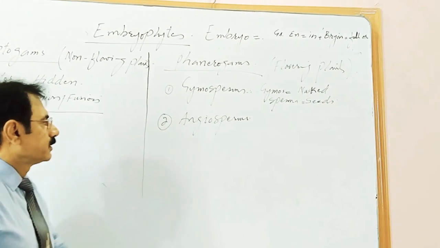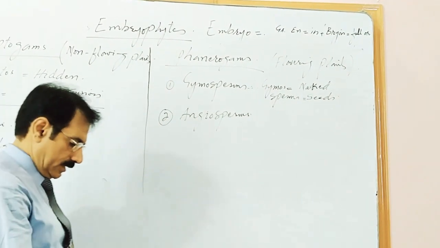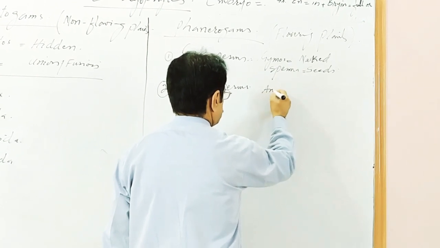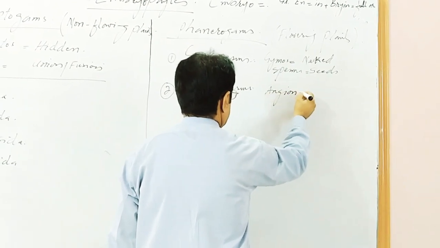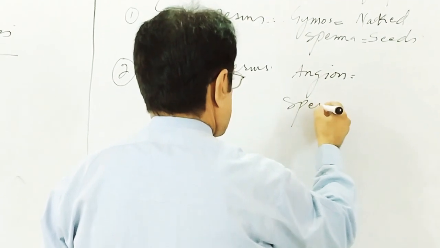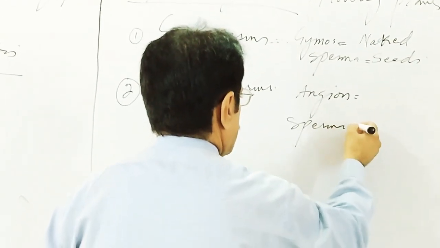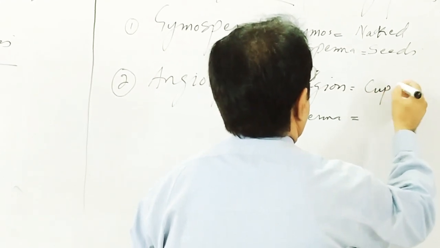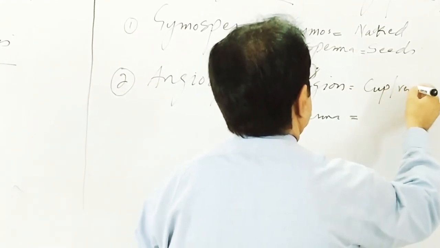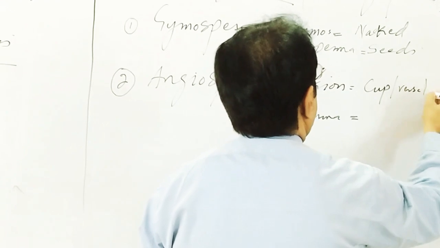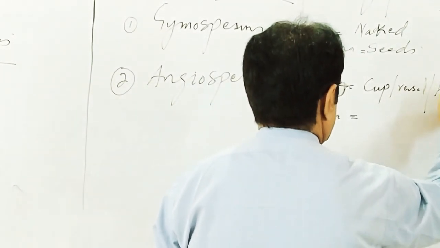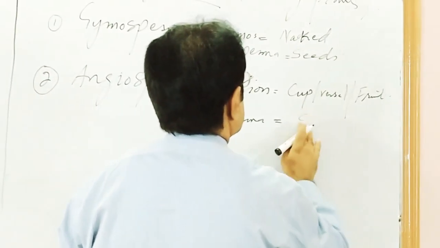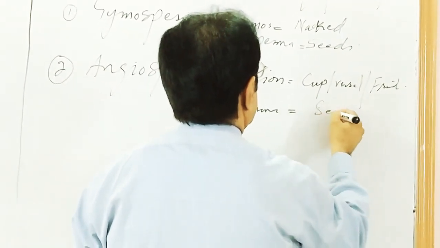And number 2, the angiosperm. The word angiosperm is also the combination of two words, angion and sperma. Angion means cup or vessel or fruit, and sperma means seeds.